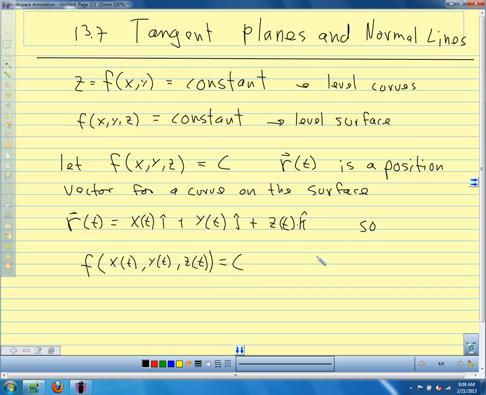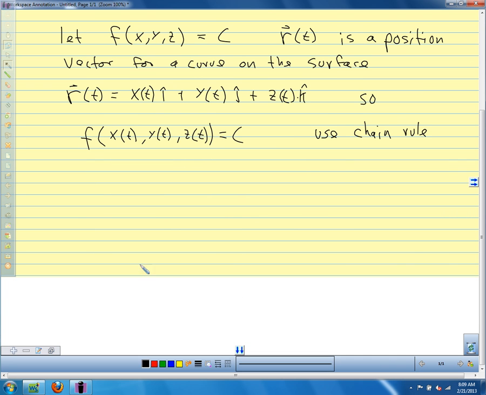So we're going to use a chain rule, and we're going to find df dt.